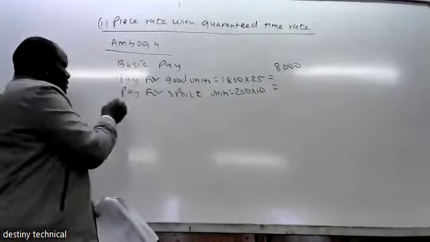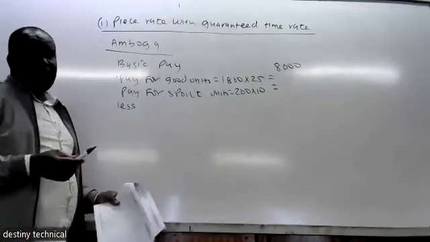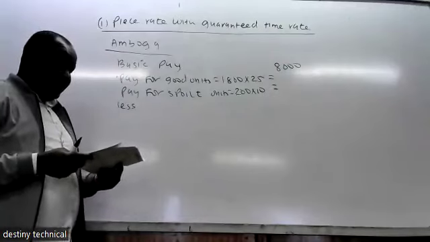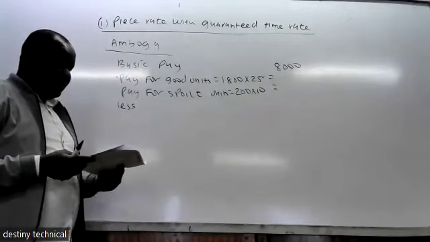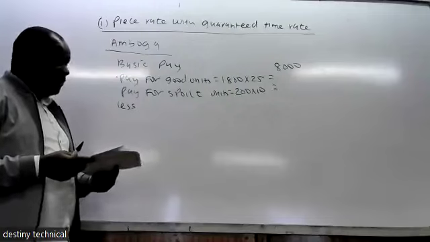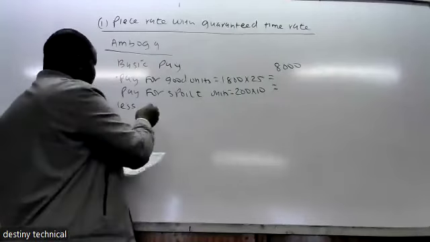Then now you less the penalty. They said that any spoiled output is paid at a rate of 10, and a penalty of 8% is charged based on the rate of good production. So we now less the penalty.